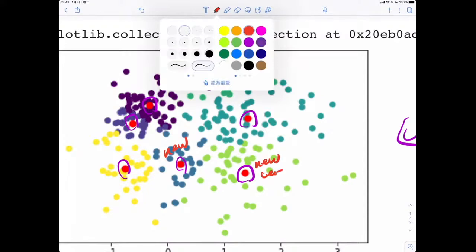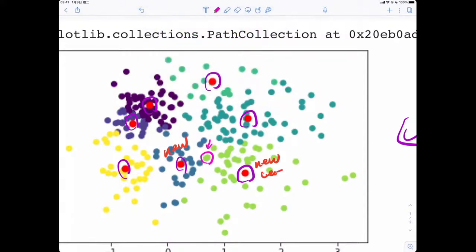Take a look at this pink point. This pink point was a member of the light green partition, right?